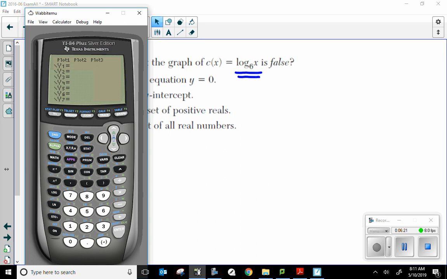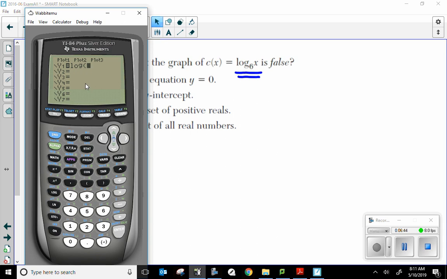First thing, quick reminder, if I hit this button right next to the number 7, that's just log. If I press that, you'll notice it doesn't allow me to put a base in here. You need a base 6. If you just type the log button, it assumes that you want log base 10, which is the default base for log.